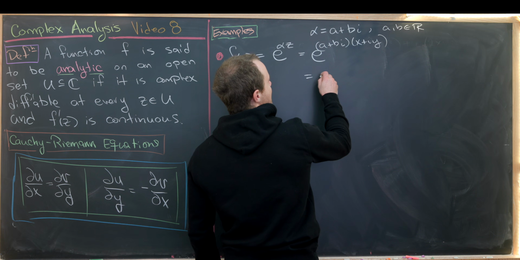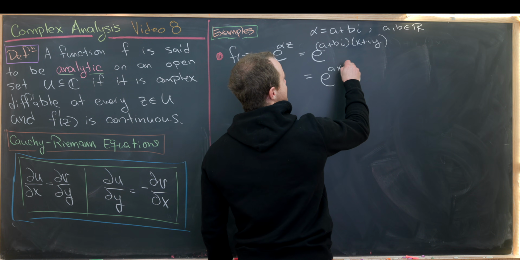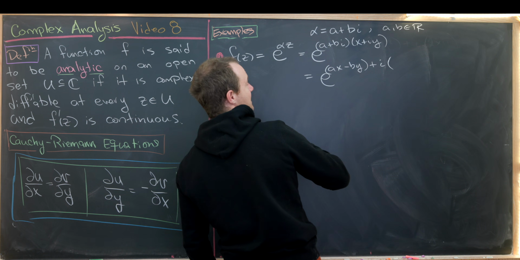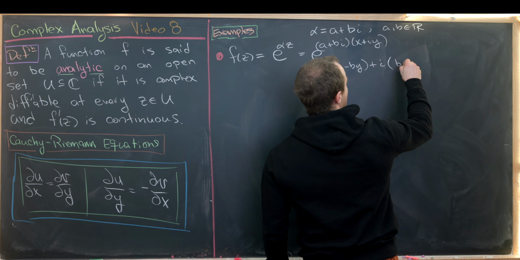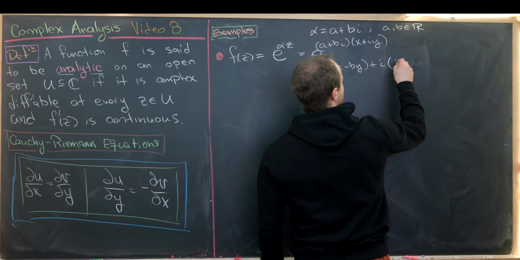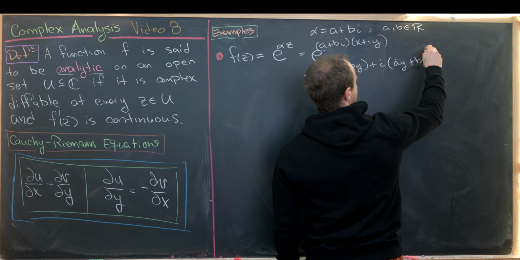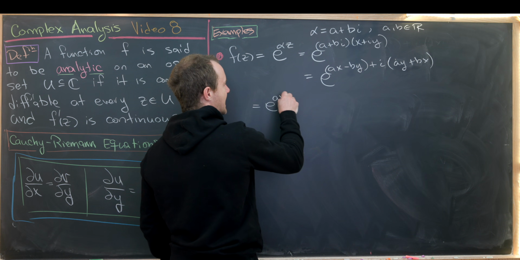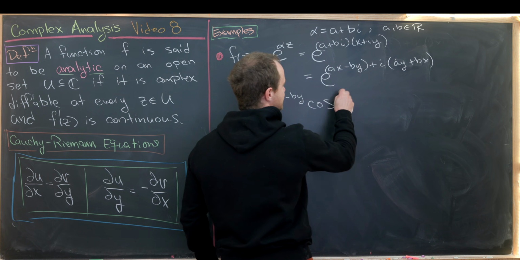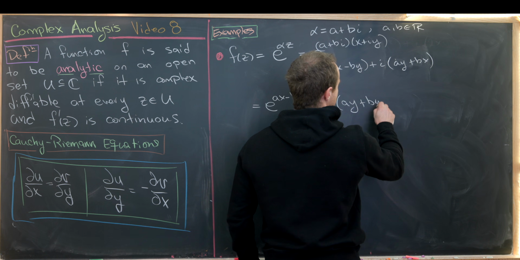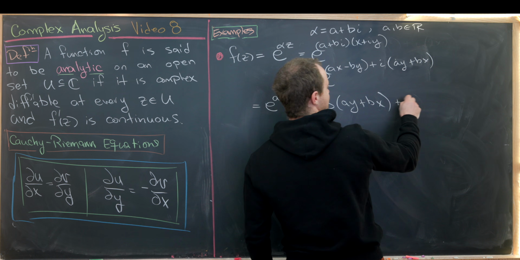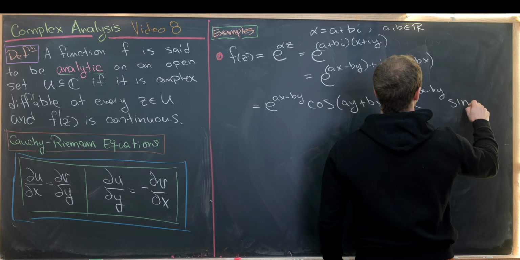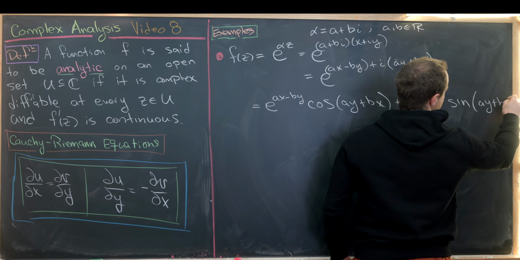That gives us e to the ax minus by plus i times (ay plus bx). Now using Euler's formula, that can be rewritten as e to the (ax minus by) times cosine of (ay plus bx), plus i e to the (ax minus by) times sine of (ay plus bx).